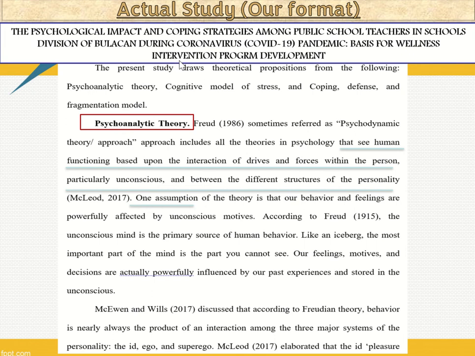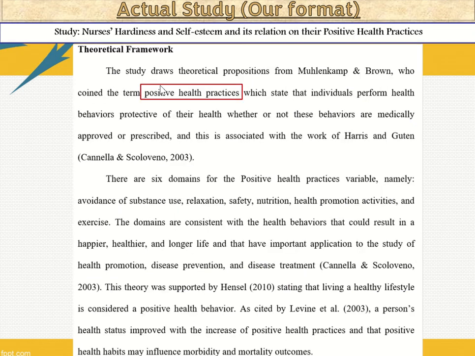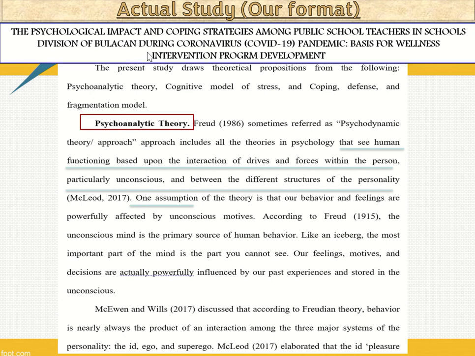By the way, it is written here, no? Where is it? It was not shown. There, our subheading is written there, again, theoretical framework. So it is here, it just wasn't shown. There is a subheading here, theoretical framework. Okay? Now, again, as opening statement, these are what you can put. The present study draws theoretical propositions from the following studies.